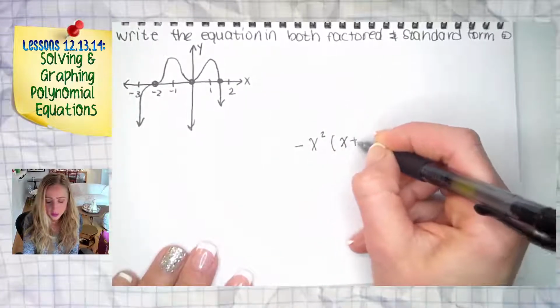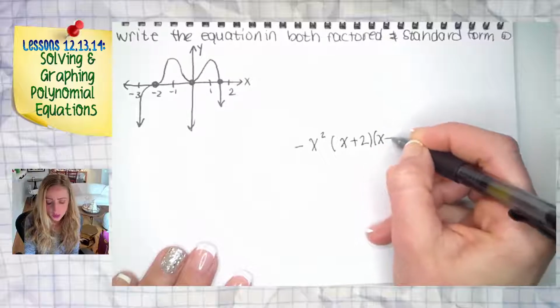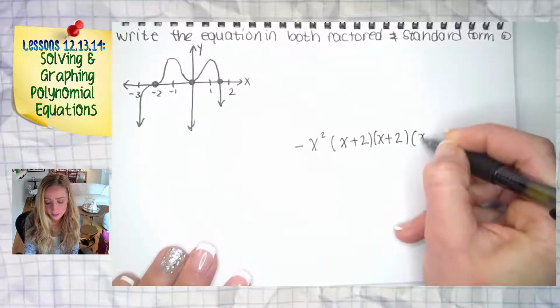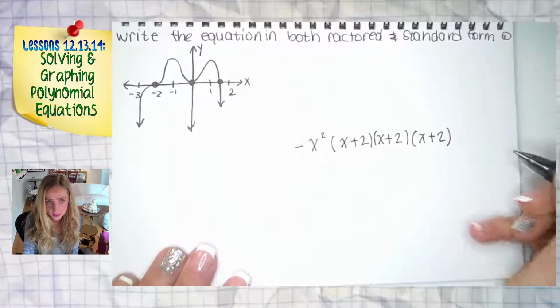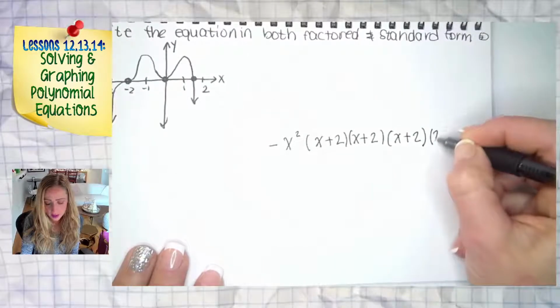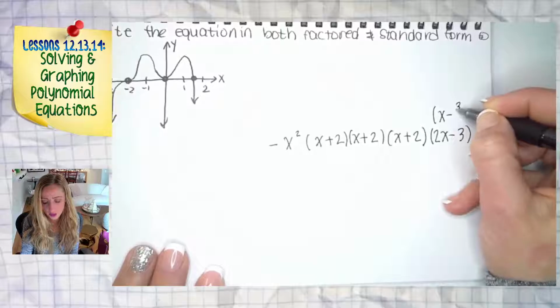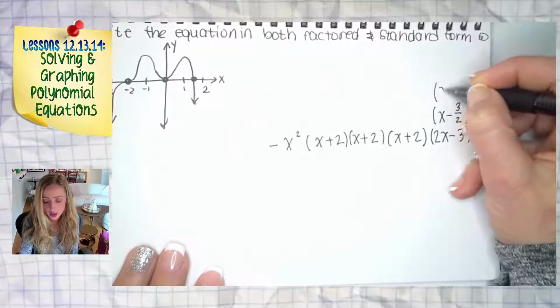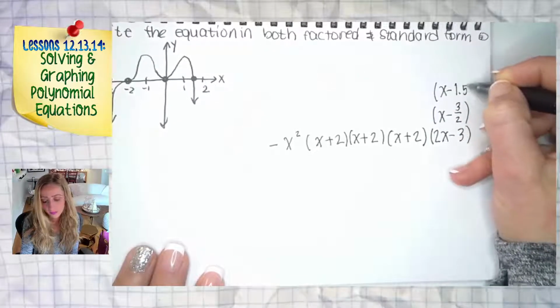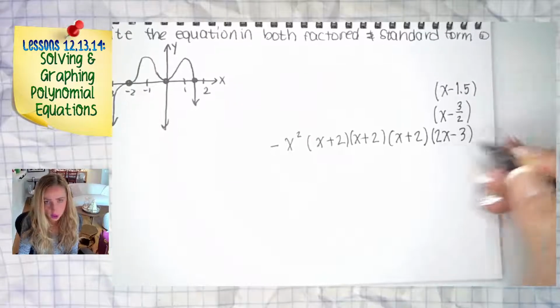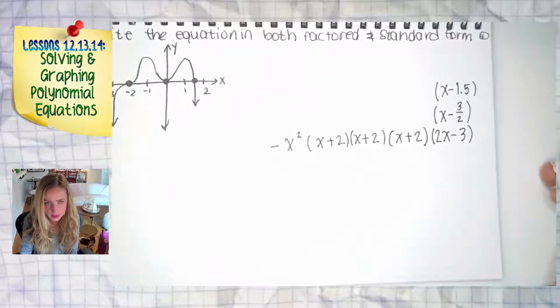Then we had (x + 2)³. So I would write out for my next step something like that. Okay? And then our (2x - 3). If you put on your paper this or this, it's fine. They're all acceptable. No big deal.